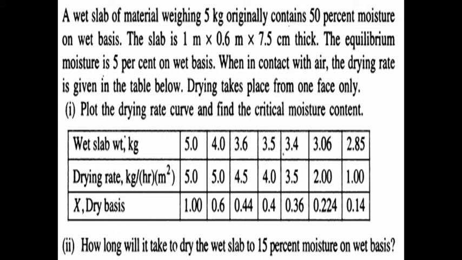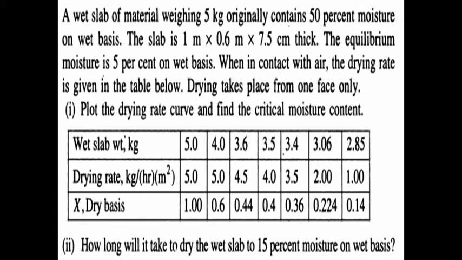A wet slab of material weighing 5 kg originally contained 50% moisture on wet basis. Weight of wet solid is equal to 5 kg. 50% moisture on wet basis is nothing but small x1 equal to 50%, that is equal to 0.5.